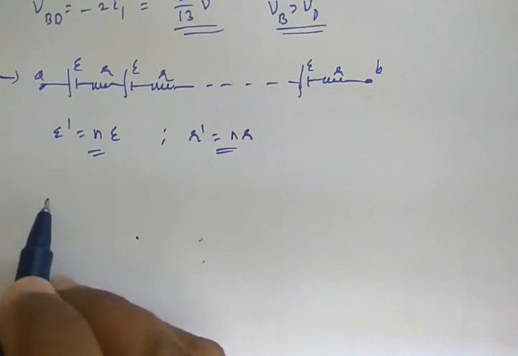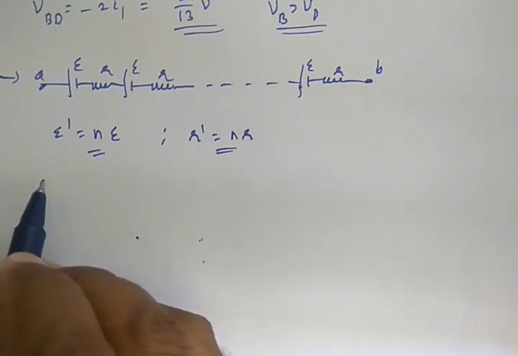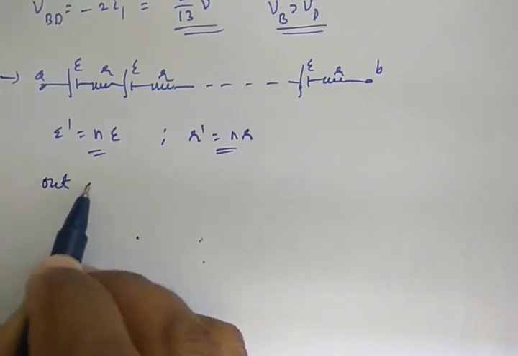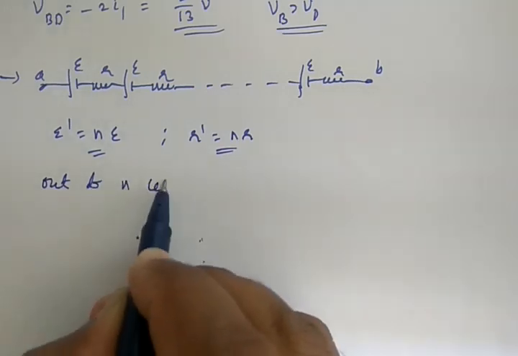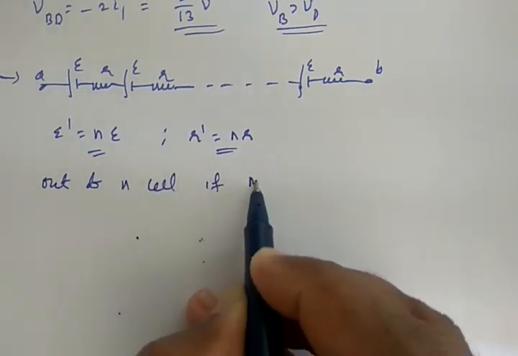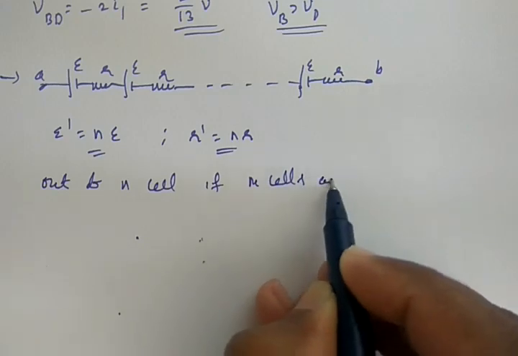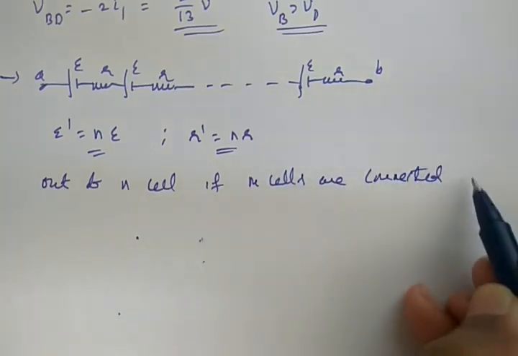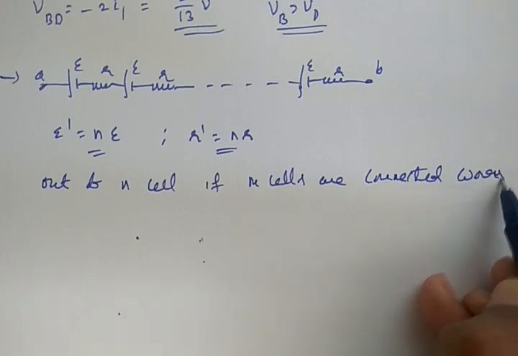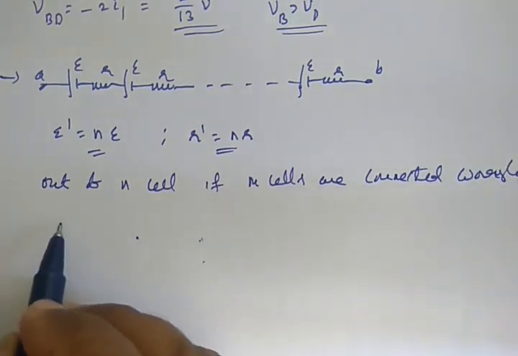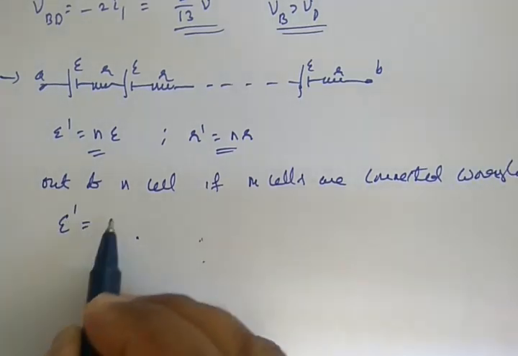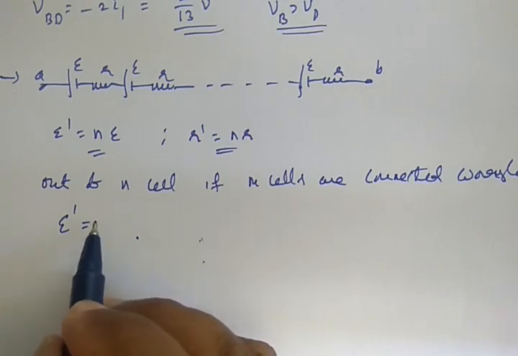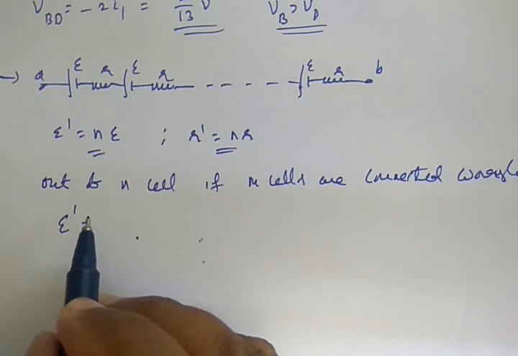So now out of n cells, if m cells are connected wrongly, then because I am connecting m cells wrongly, the net effect of 2m cells will be 0.